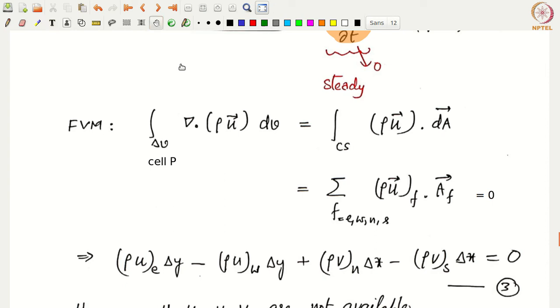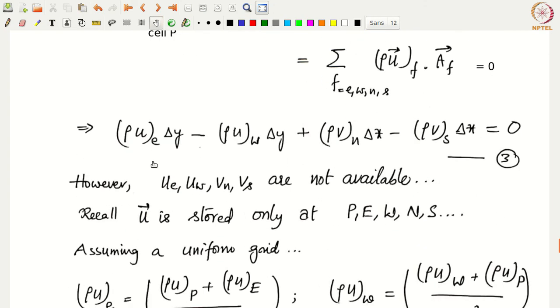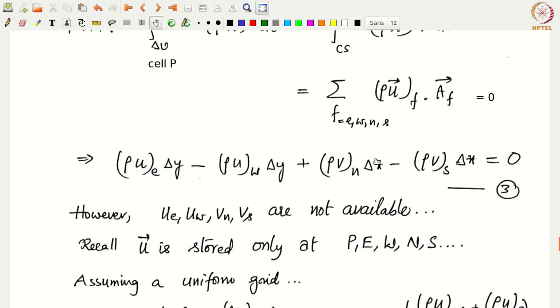So this can be expanded, and what we get is rho u_e delta y minus rho u_w delta y, because A_w is minus i cap delta y, and similarly rho v_n delta x minus rho v_s delta x. If you go back to the convection discussion, this is nothing but F_e minus F_w plus F_n minus F_s. So this is basically conservation of mass, the continuity equation, and it should be equal to 0.